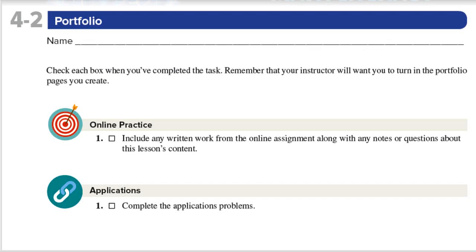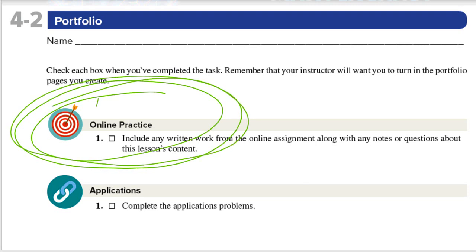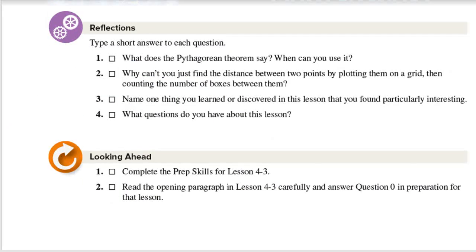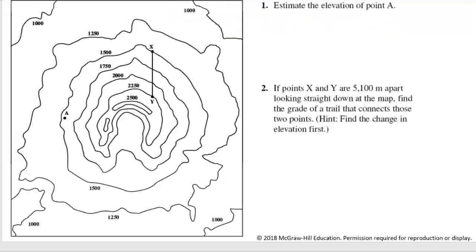But anyway, that gets us to the portfolio, which, remember, do your ALEX. Online practice is the ALEX. Make sure you do that. And the applications, want to do the applications. And then do the looking ahead. Make sure you do the looking ahead. Okay. One thing on the applications, a lot of it is kind of the same as before.